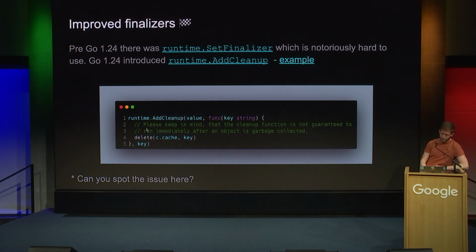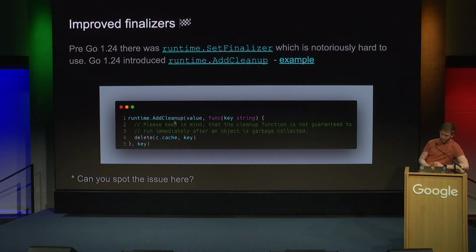There's an example here as well, which we can use in this cache case, basically to clean up the map after the weak pointer was reclaimed by the garbage collector. But there's a small issue here, and Tom is laughing, I know why. Yeah, the comment is a hint.